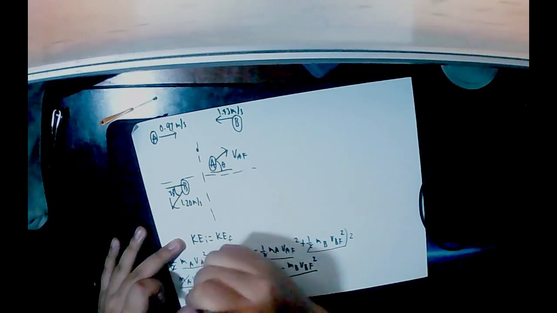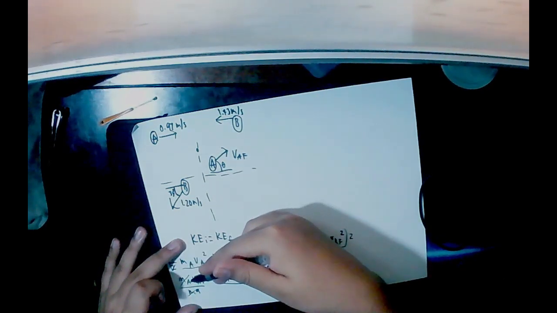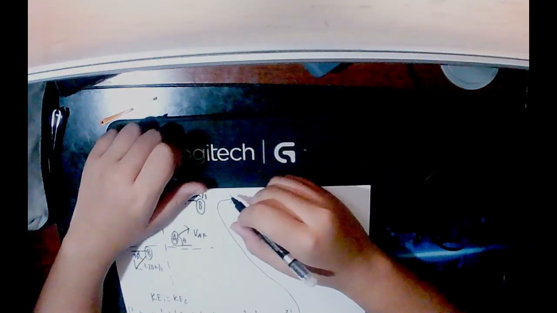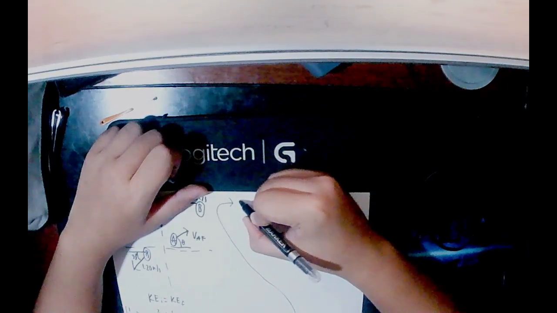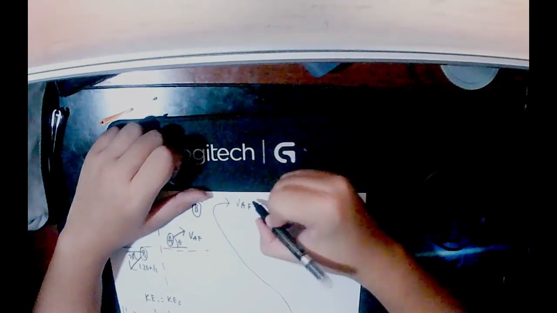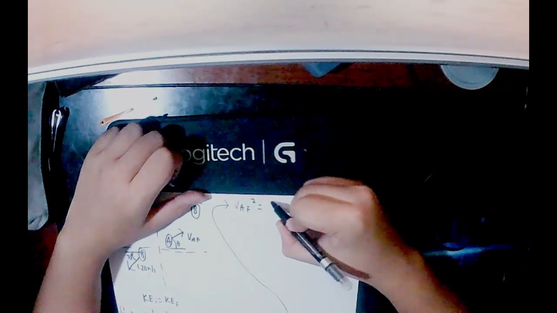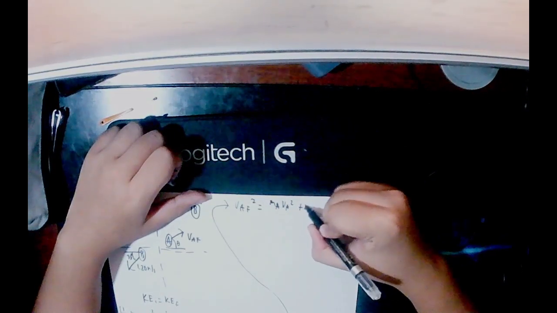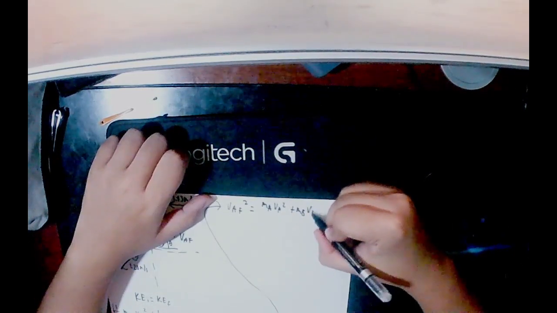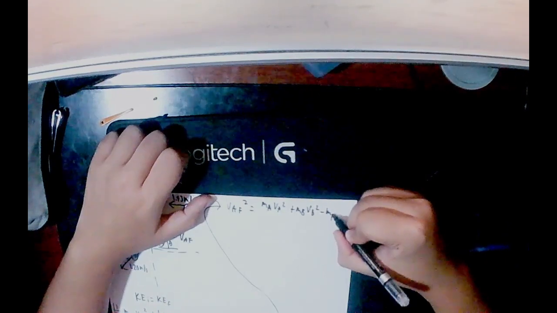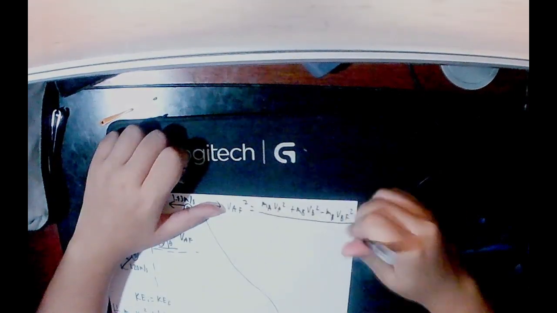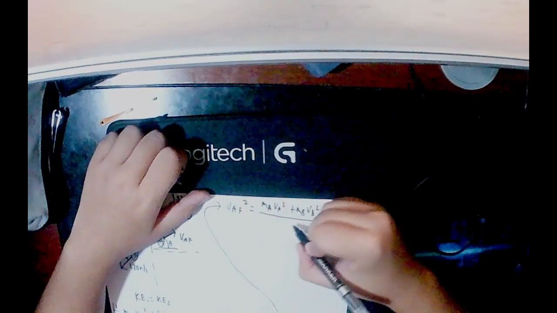And then, makakancel ito. So, ang matitira na lang ay V sub A final squared is equals to M sub A times V sub A squared plus M sub B times V sub B squared minus M sub B times V sub B final squared over MA.